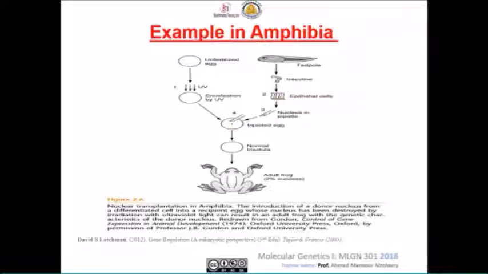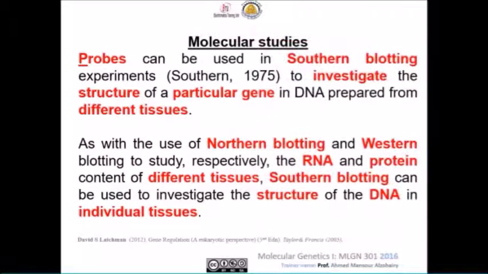That means you can take the whole nucleus, which contains all the genetic information from one organism, and put it in another egg or other cell that has no nucleus, and then in the right conditions and the right place, you can produce a full organism out of that by normal development. So this is the second type of study, which is functional.